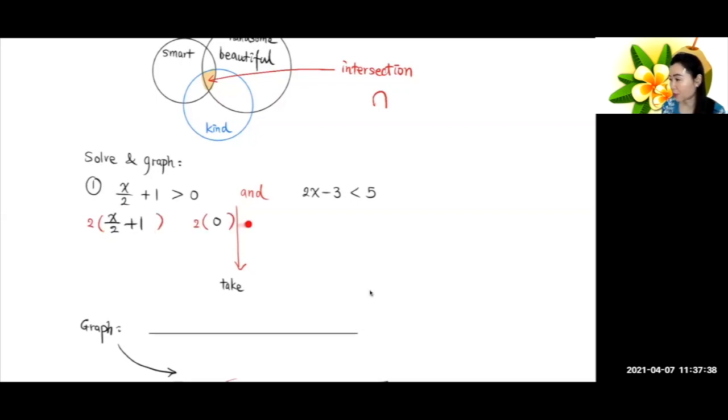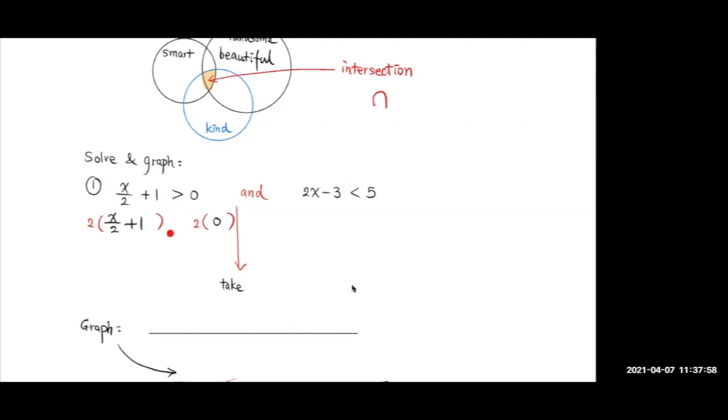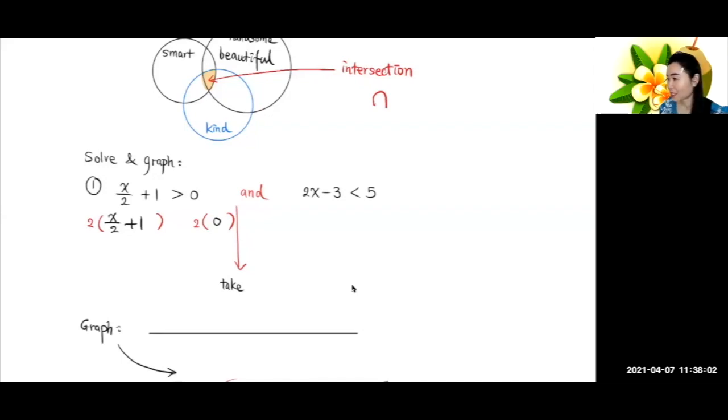Multiply both sides by 2. Does it change the inequality sign? Does it switch, yes or no? When you multiply by a positive number, does it switch? No. Multiplying by a positive quantity, the inequality sign is not going to switch.